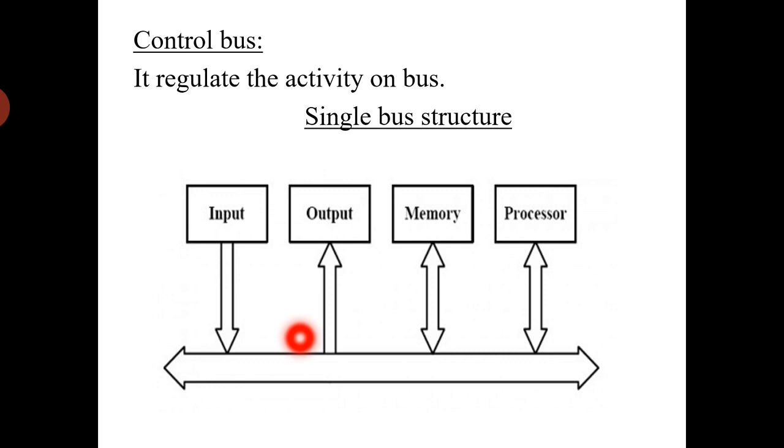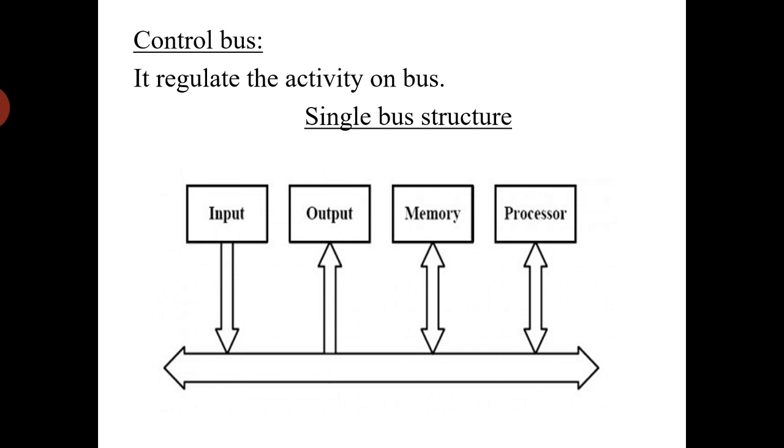Also only one transfer can be performed, meaning either data is transferred or address is transferred, only one transfer at a time. During that time also, only two units can actively use the bus at a given time. This is the single bus structure.